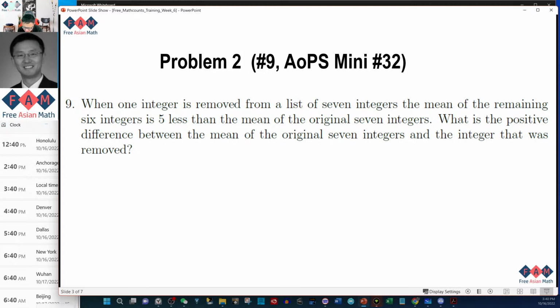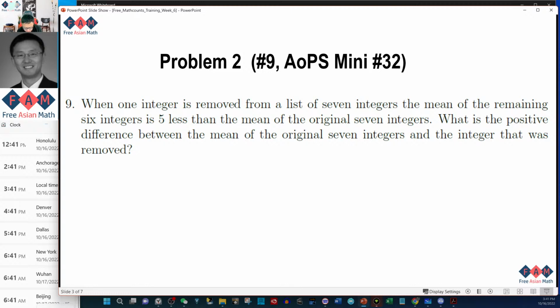But wait a second, let's continue to read the problem. What is the positive difference between the mean of the original 7 integers and the integer that was removed? Okay, so you are not required to compute any of those 7 individual numbers. In particular, you don't need to compute the one that was removed.